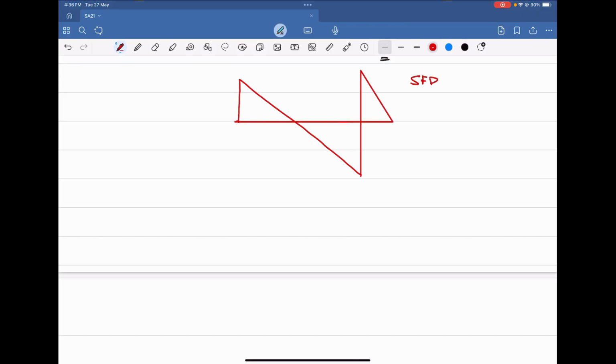This is SFD and BMD is, you put the values I have calculated.